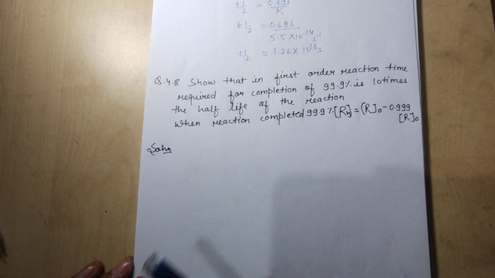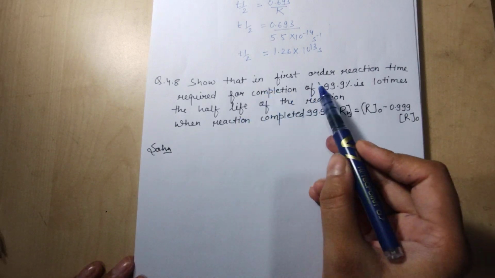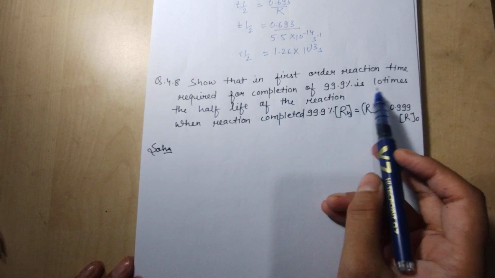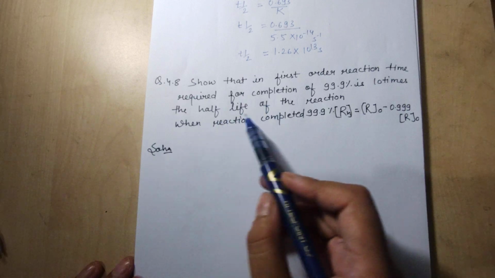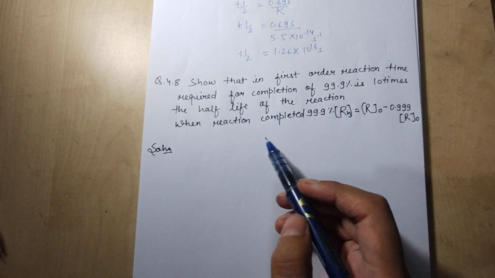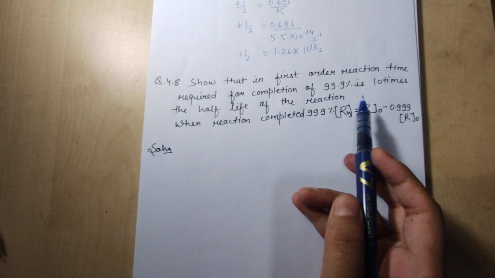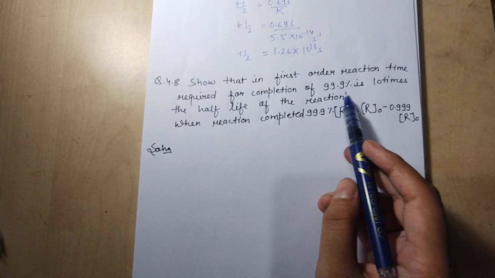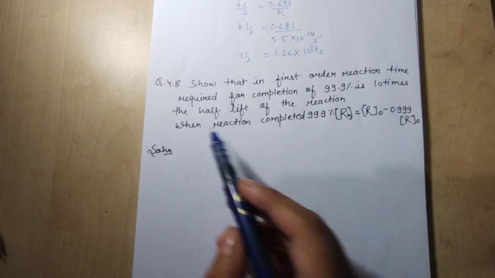Now the next question is, show that in a first order reaction the time required for completion of 99.9% is 10 times the half-life of the reaction. We have to show by equation that the reaction completed to 99.9% takes 10 times the half-life.